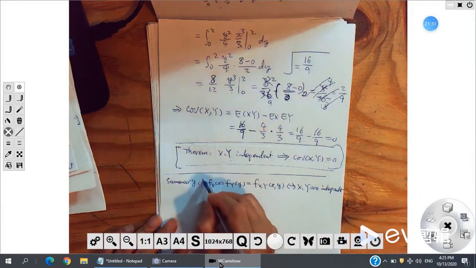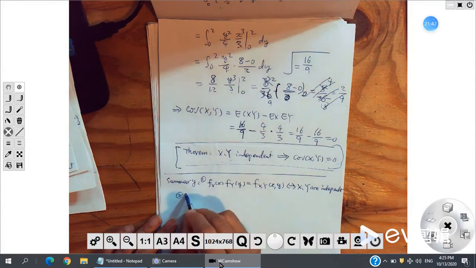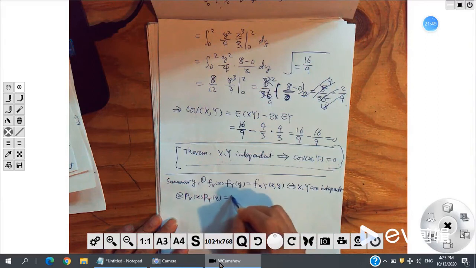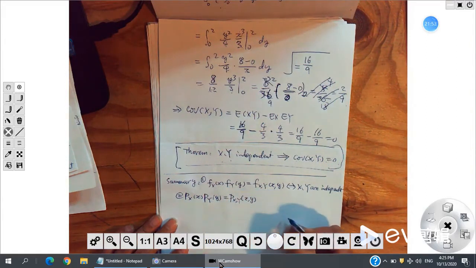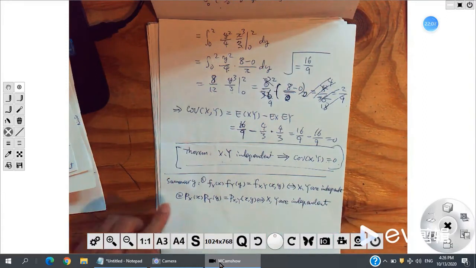And secondly, this is for the continuous case, right? For the discrete case, we have p_X(x) times p_Y(y). If this equals p_{X,Y}, the joint one, then x and y are independent. Both conditions: this is for the continuous type, this is for the discrete type.